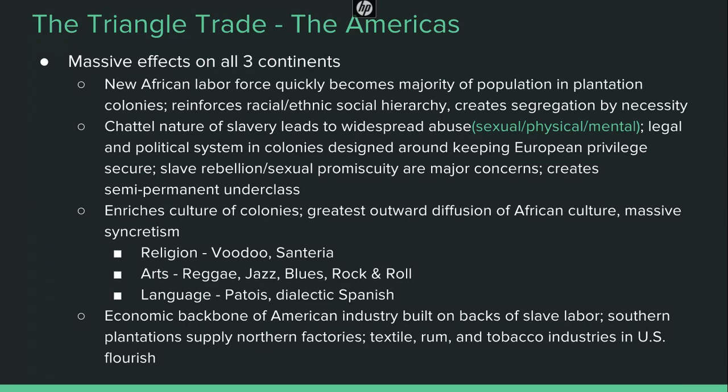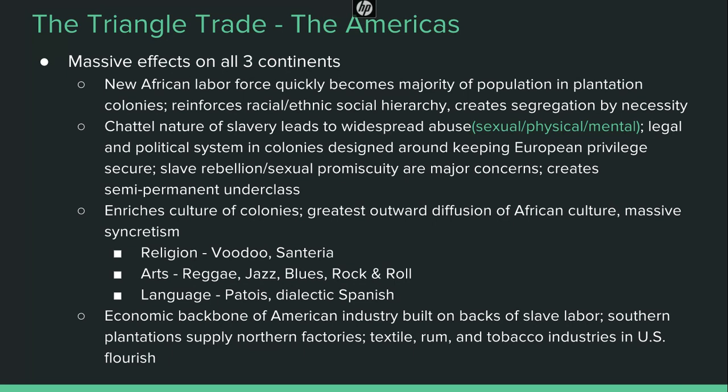In the Americas, this new African labor force quickly becomes the majority of population in pretty much every plantation colony. In the French colony of Guadeloupe, which would later become Haiti and the Dominican Republic, the population breakdown was, at the time of their revolution, 98% African slave and only 2% French white plantation owner.